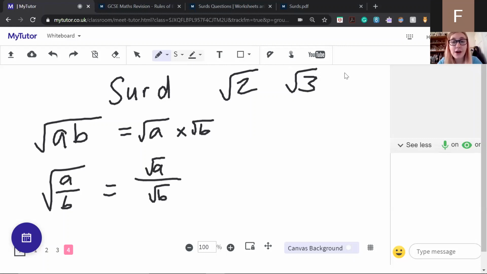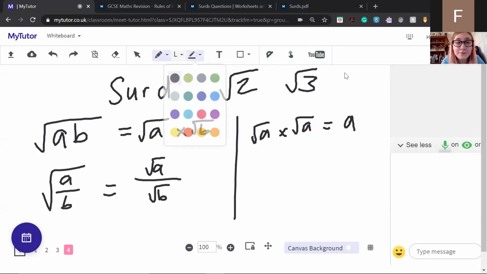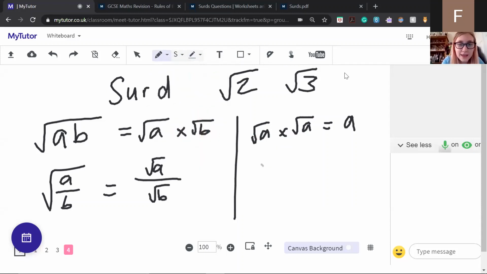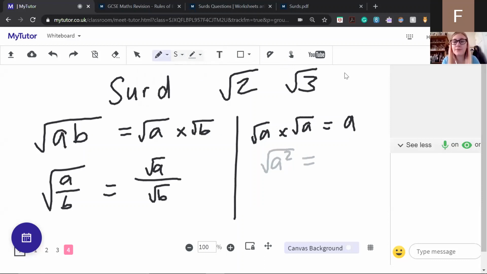If we have root A times root A, that's just A. That's because we can combine these and make it root A squared, remember, by this rule here. And like I said, because they're inverses, if you root something that you've just squared, you get the same thing. So root 2 times root 2 is just 2, for example.